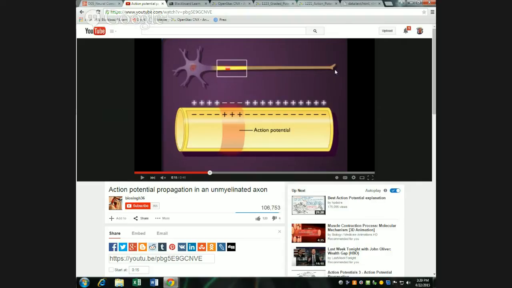If you do electrical muscle stimulation and things like that, would that trigger those reverse action potentials? Yeah.